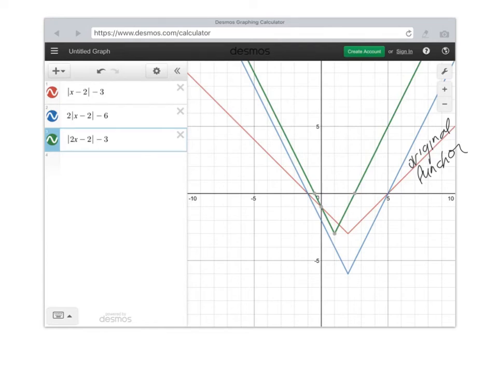I have 3 graphs here. The red function is my original. One of these graphs was vertically stretched and another graph was horizontally shrunk. We can tell which was which by looking at how the vertex moved. My original vertex, to go to the blue graph, got stretched down. Because it moved down, this is a vertical change.